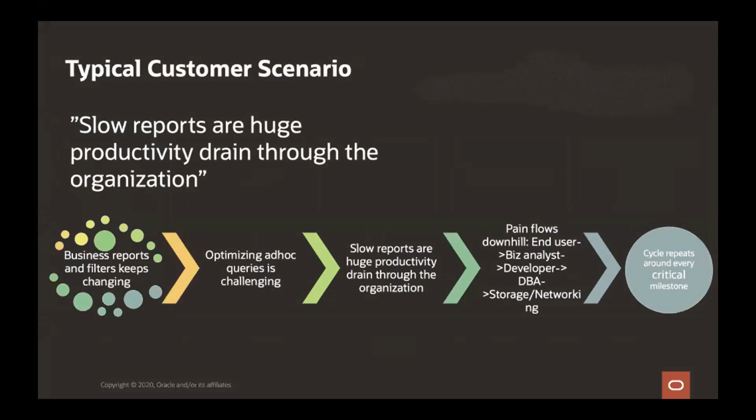And these slow reports are a huge productivity drain throughout the organization. The pain flows throughout the organization, starting with the business user, down to the developer, to the DBAs, to the storage and networking guys, right? So basically the whole organization is involved. And it happens at the end of every month or every quarterly cycle. And that's why this is a vicious cycle that goes on.